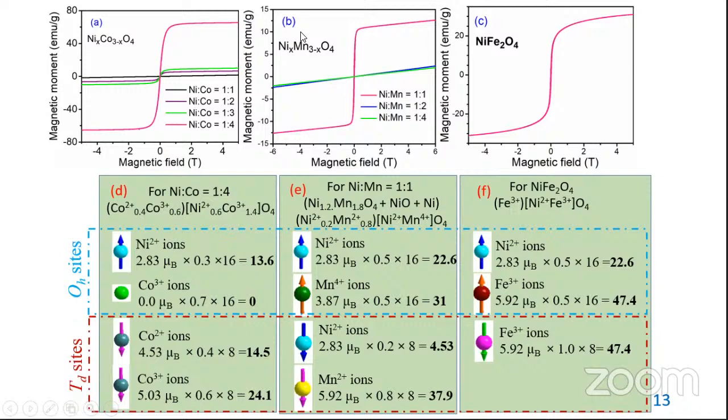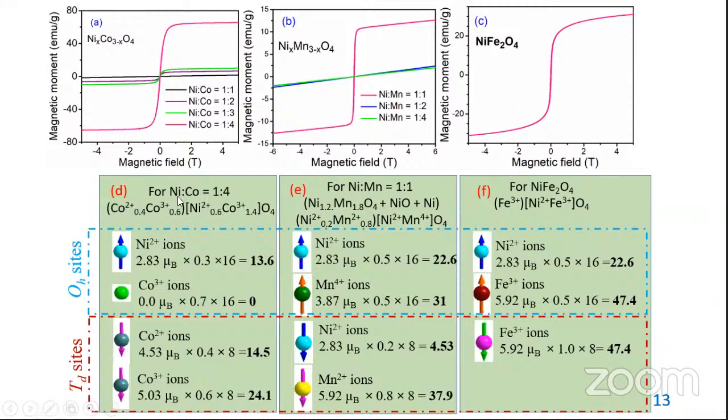To understand why a particular composition has superparamagnetic behavior and what its saturation magnetization or magnetic moment should be, which is very important for applications, we are presenting here only the compositions that give superparamagnetic behavior: 1:4 in this case, 1:1 in this case, 1:2 in this case.